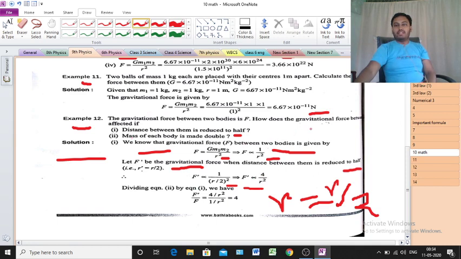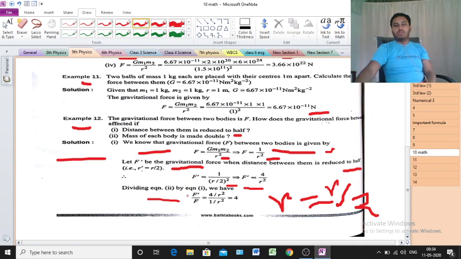Now calculate the ratio of the gravitational force. Dividing equation 2 by equation 1: equation 1 is F proportional to 1 by r square, and equation 2 is F prime proportional to 4 by r square.